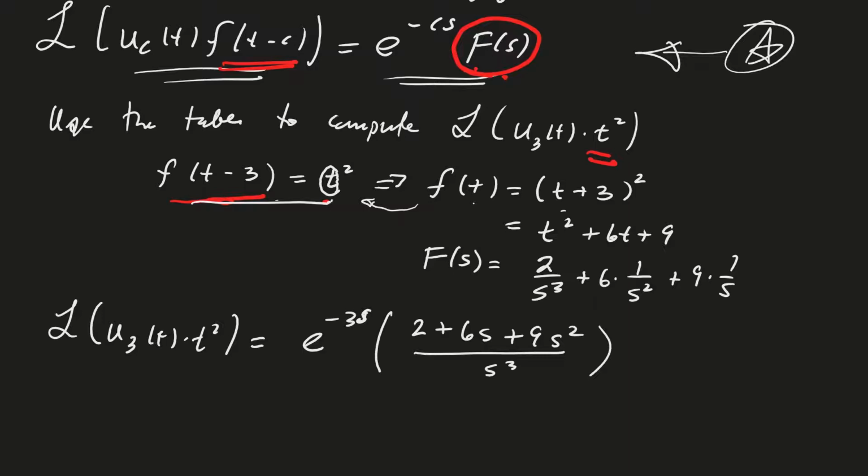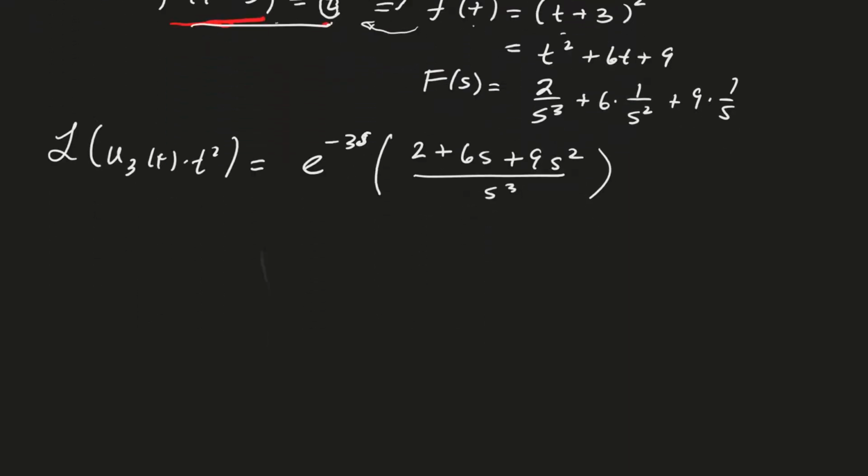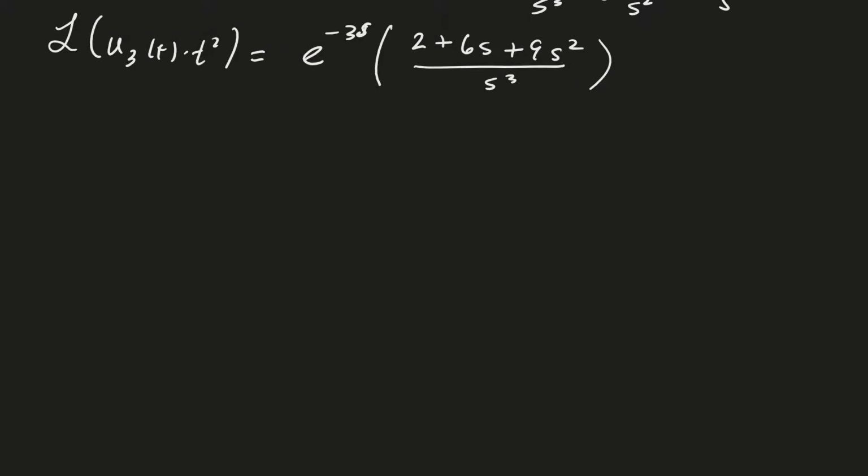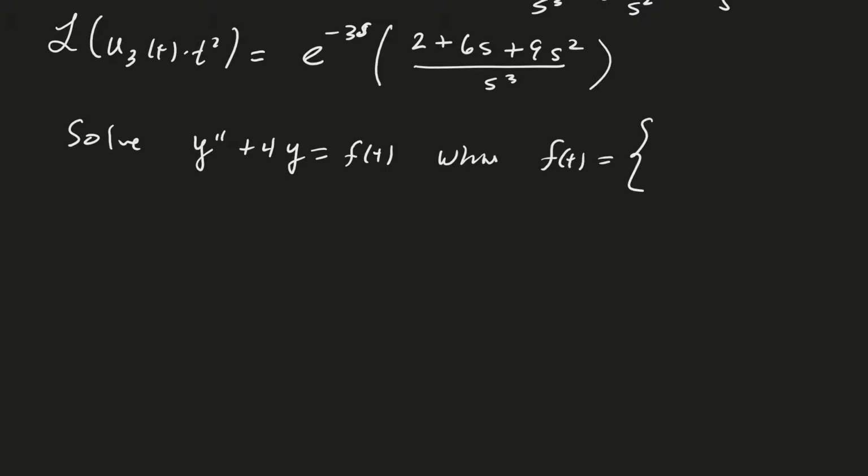Okay, now let's try to use the Laplace transform to solve a differential equation. So how about if we try to solve y double prime plus 4y is equal to f of t, where f of t is equal to t if 0 is less than or equal to t less than 2, and then it's going to be 2 after that.